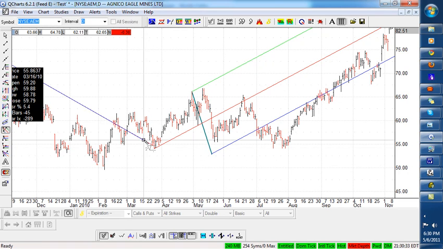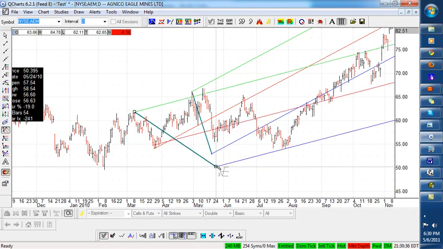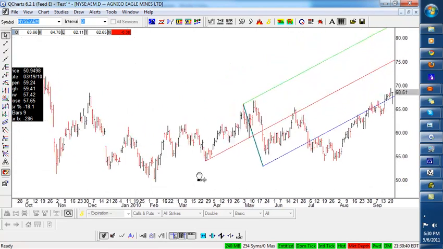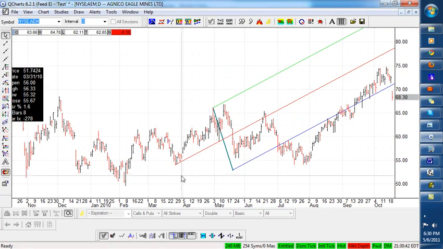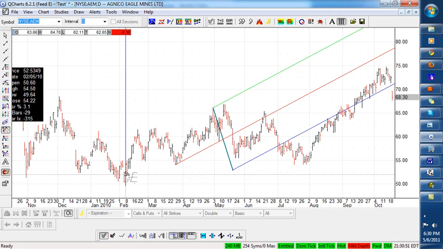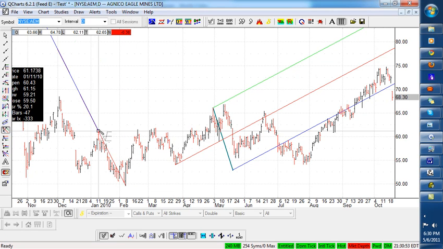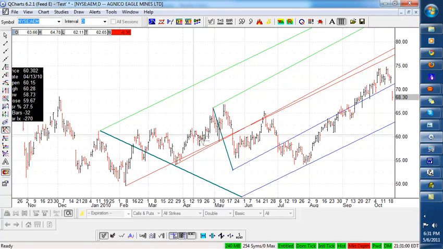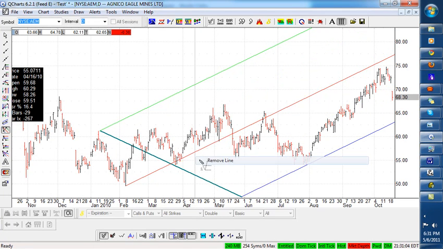Just for grins, let's see what happened here. Oh, there weren't 5 pivots on the way, which is interesting. There we go. See, it's not unusual.